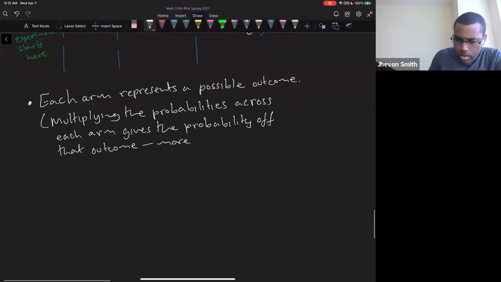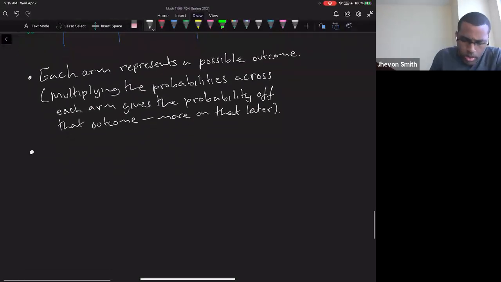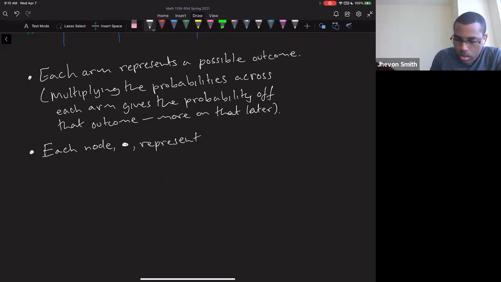I'll tell you more on that later, kind of jumping ahead here. And second thing you should know, each node, the dots, represent possible starting points for a stage of the experiment.